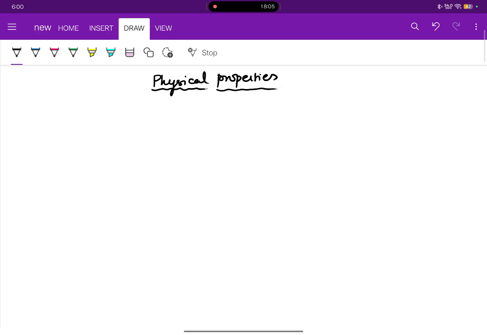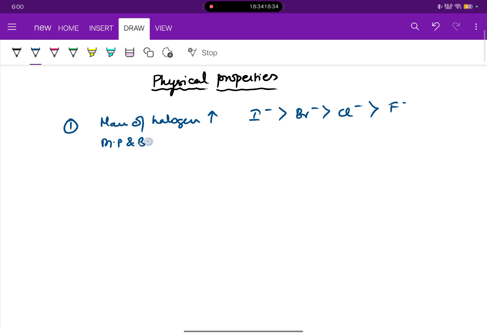So when you talk about the physical properties, number one, whenever the mass of the halogen increases, such as iodine is heavier than bromine, bromine is heavier than chlorine, chlorine is heavier than fluorine. So whenever the mass increases, melting point and boiling point will automatically increase.